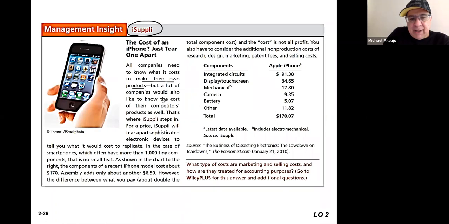And that's true, a lot of people can make their own types of products, but you really need to know the cost of your competitors' products to see if you can compete with them and sell your product. For a price, they basically tear apart electronic devices and tell you how much it would cost to replicate it.